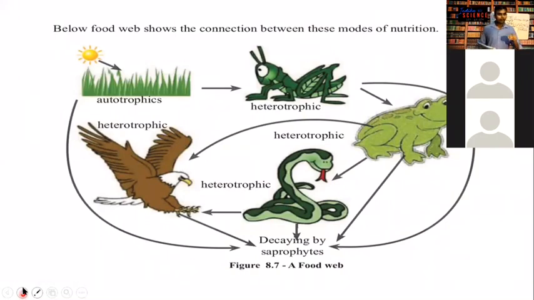So after production of glucose, is it a monosaccharide or disaccharide or polysaccharide? Glucose. Tell me, glucose is monosaccharide or disaccharide or polysaccharide? Glucose is a monosaccharide. So then glucose is converted to sucrose and transported and stored in the plant.